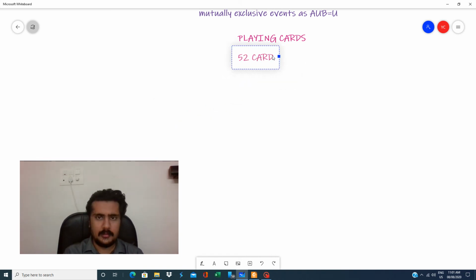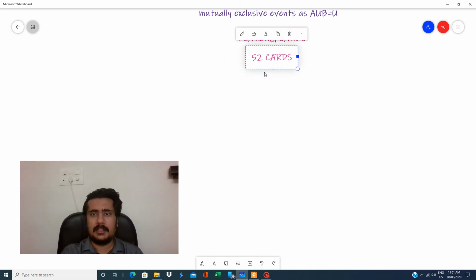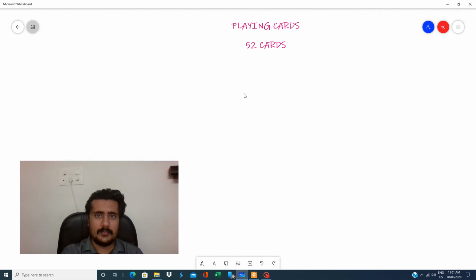Might be you all have seen these cards somewhere, and on mobile also there are many games related to these cards. In this particular chapter we'll be having some questions related to the cards, so it is very important for you to know how these cards are. If you know very well, fine; if you don't know, then please listen to me.